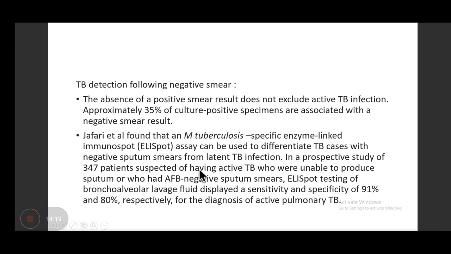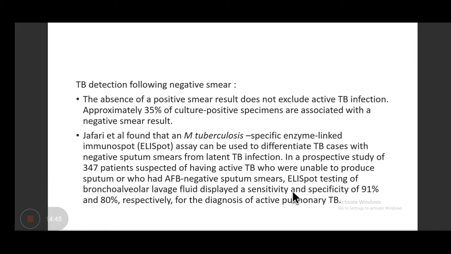In a prospective study of 347 patients suspected of having active TB who were unable to produce sputum or who had AFB negative sputum smears, ELISpot testing of bronchoalveolar lavage fluid displayed a sensitivity and specificity of 91% and 80% respectively. So this new technique is better.